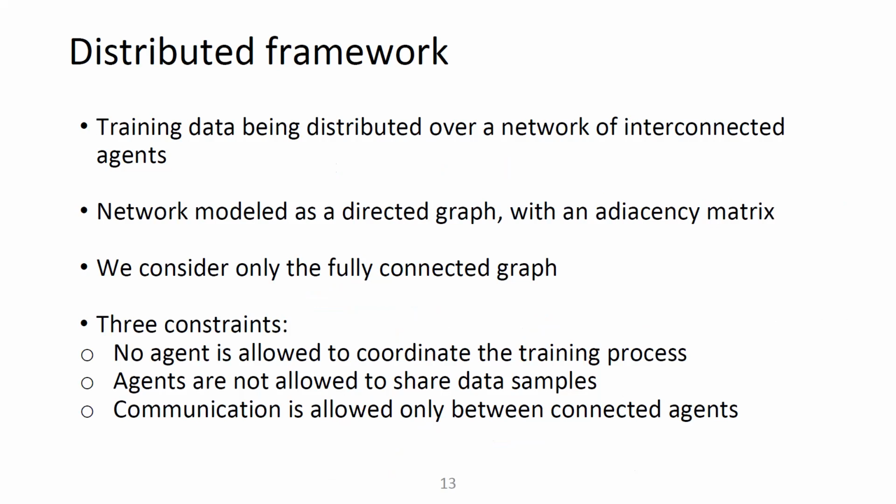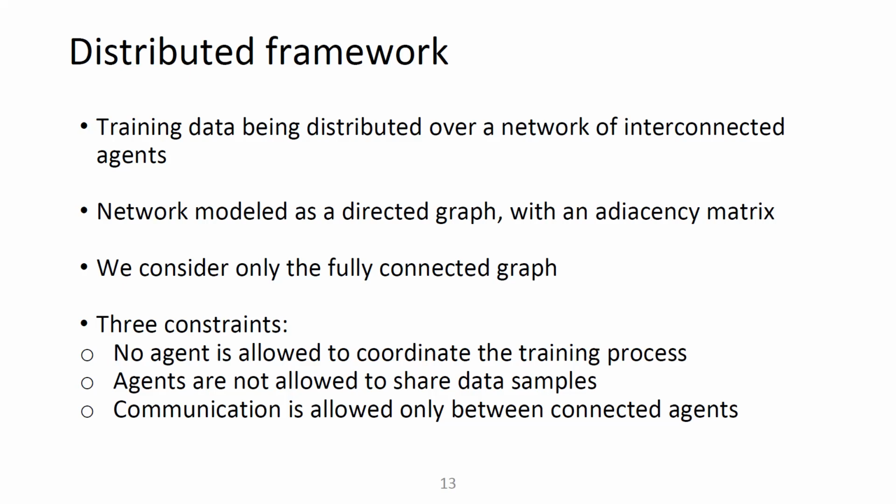And to wrap it up, there are three main constraints in this distributed framework, which are general and can be applied to any distributed framework that we can think of. First, no agent is allowed to coordinate the training process, so there is no actual centralized authority. Second, agents are not allowed to share data samples. This is for the privacy constraint that we mentioned in the beginning.